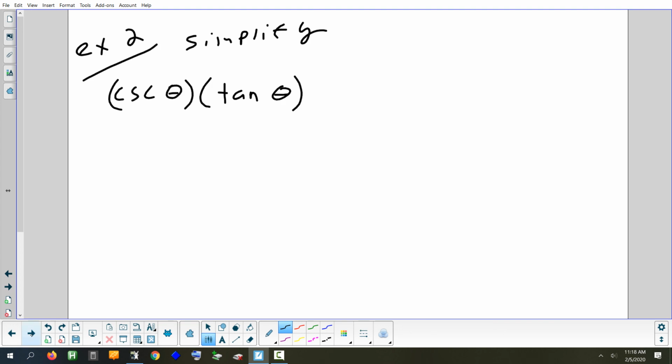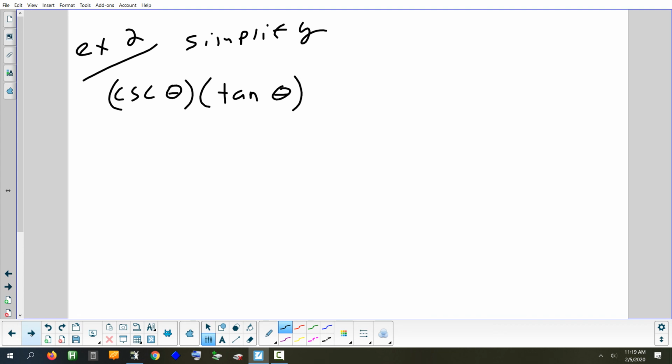Let's look at this one. This would also be considered another easy one. I wouldn't say we do any that are extremely hard, but we do some that get a little harder than this. Okay, so let's use the trick, the only trick that we know, which is to change to sines and cosines.